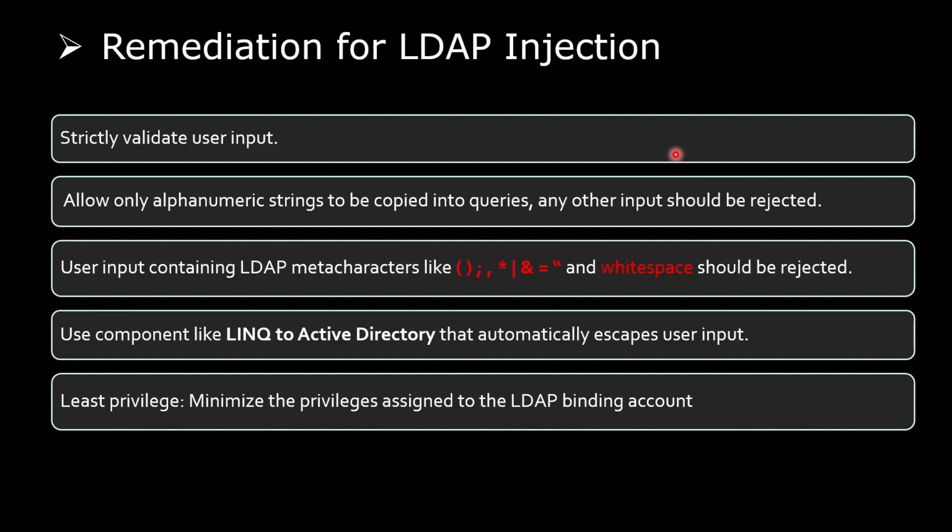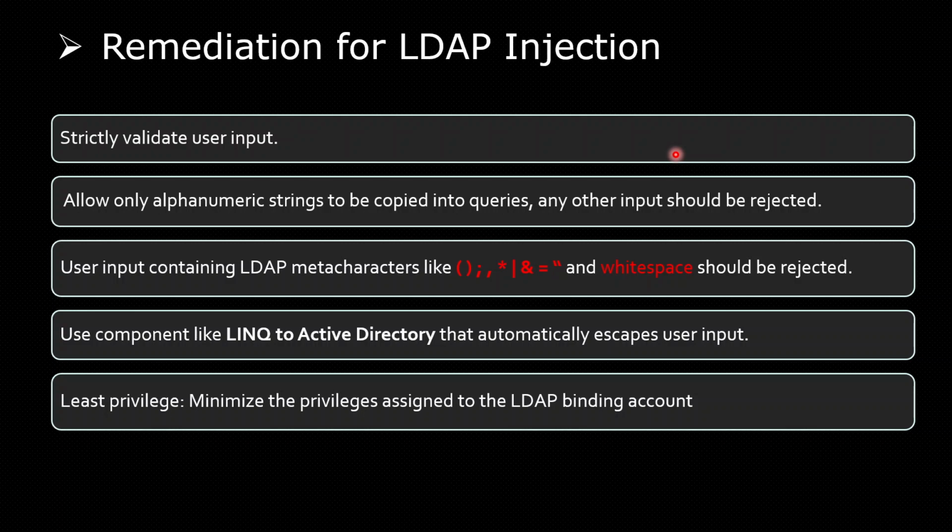If a request comes to you with these special characters, reject that request. Strictly perform input validation from the server side. Only allow alphanumeric characters, capital ABCD, small abcd, and the numbers from 0 to 9. Don't allow any other input from the user.